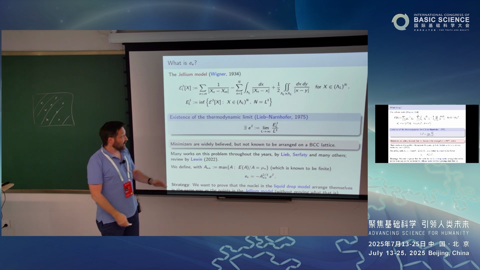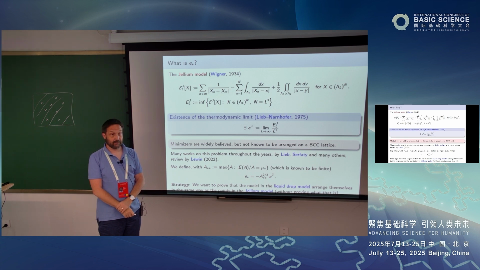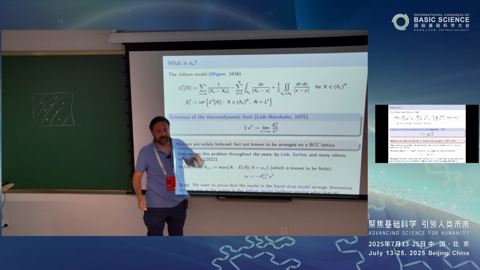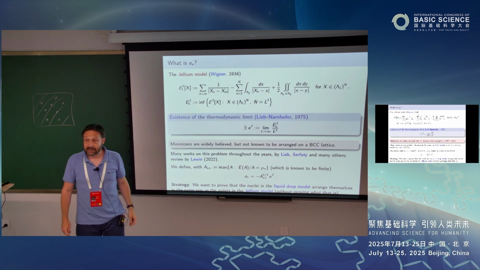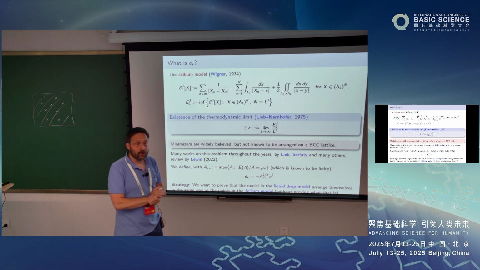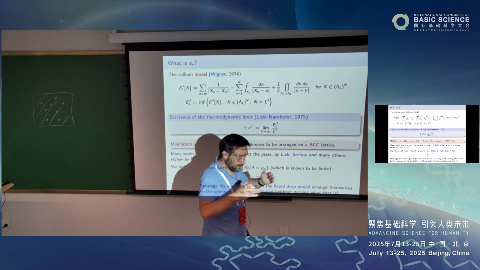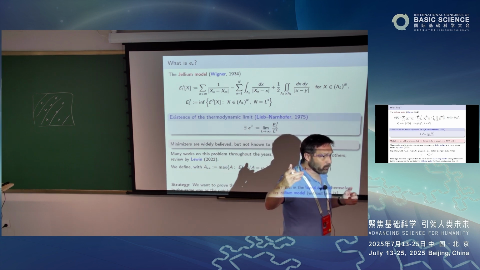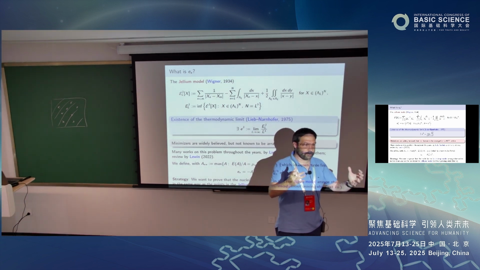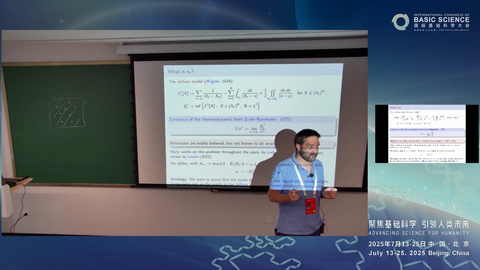What everybody believes is that they arrange themselves on a body-centered cubic lattice. This is an open problem since 1934. Okay, so you might have heard about these developments in dimension 8 and dimension 24, where people could find a lattice that is universally optimal for all kinds of optimization problems.